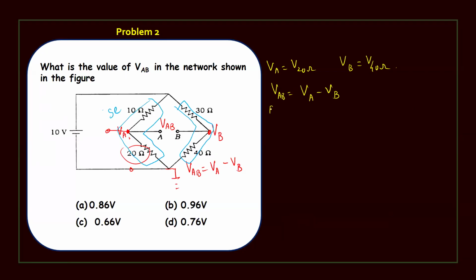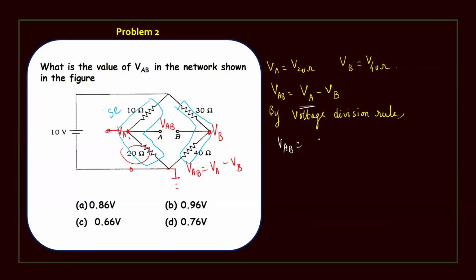By the voltage division method or rule, we can find VA and VB. So VAB equal to, for VA, that is the voltage across 20 ohms.